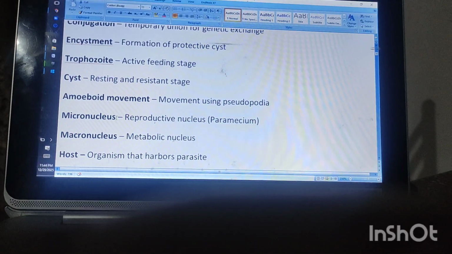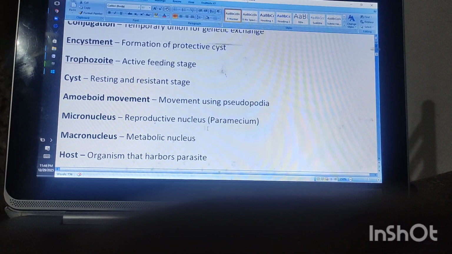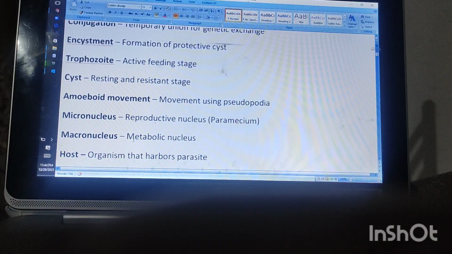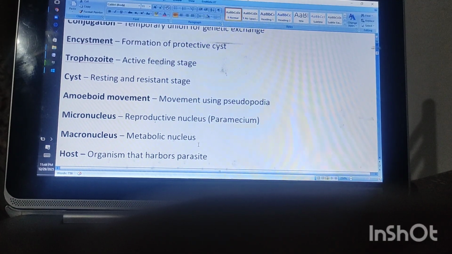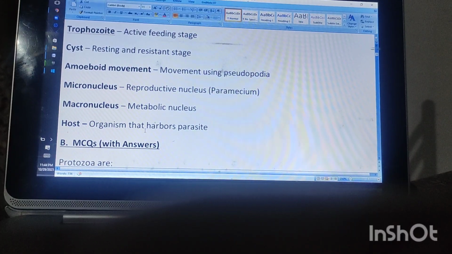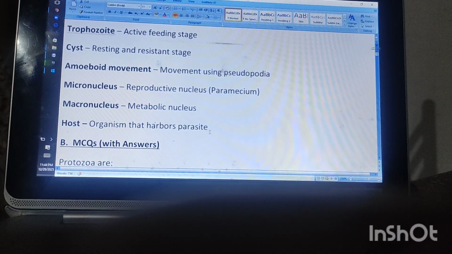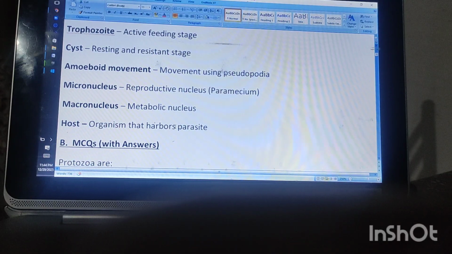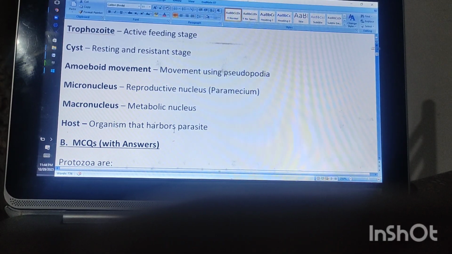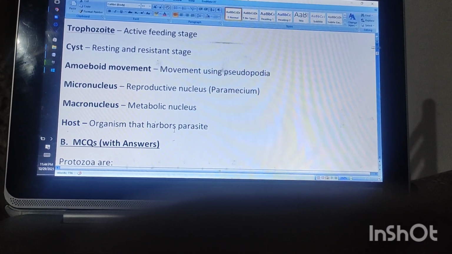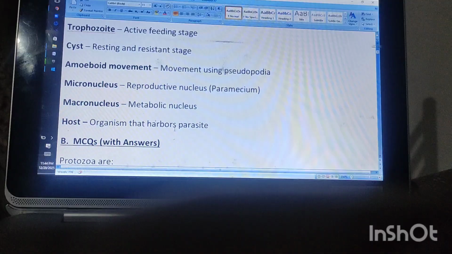The micronucleus is used for reproductive purpose, and the macronucleus for other metabolic activities. Host, the organism that harbors parasites, or the organism inside whose body parasites depend for their nutrition, for their protection, for their locomotion.